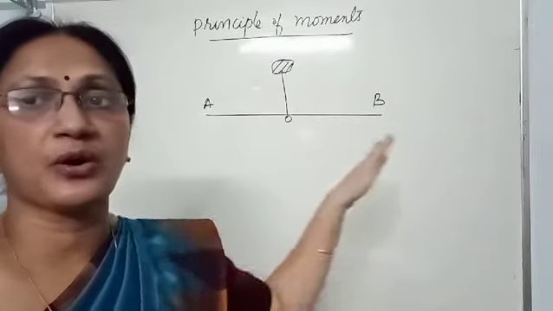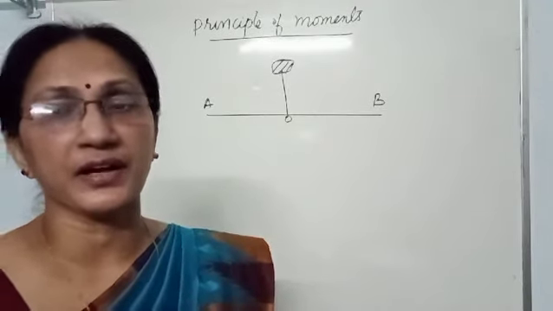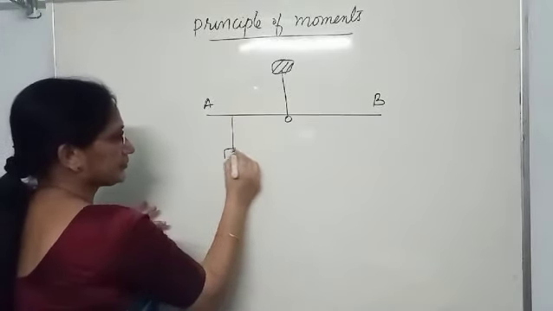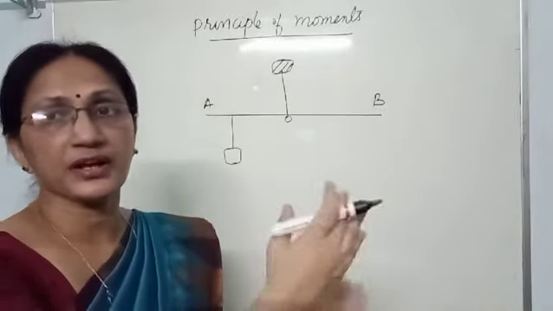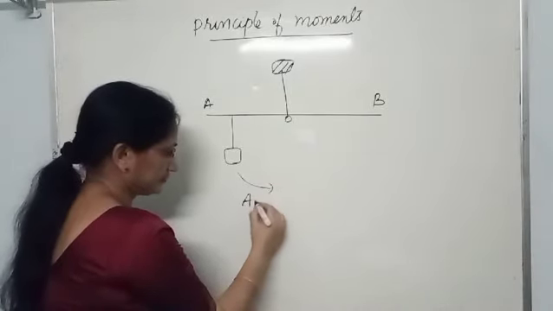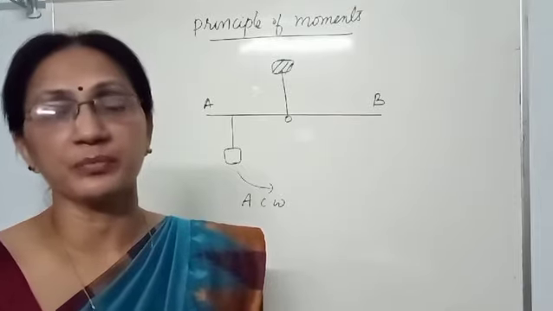Now you can see the rod remains horizontal. If I am hanging a weight on the left side, naturally this rod will tilt or rotate in anti-clockwise direction. Or you can say some anti-clockwise moment will be produced.